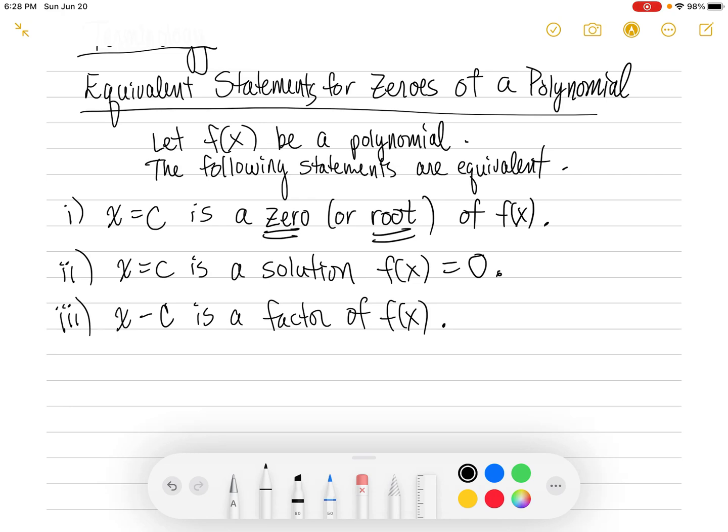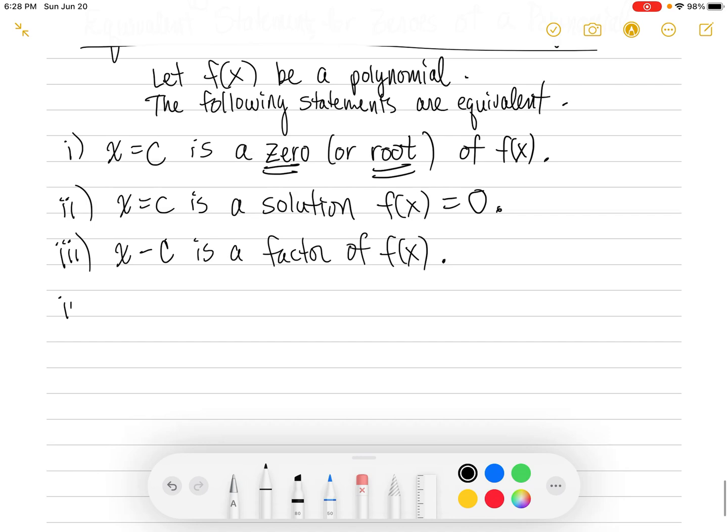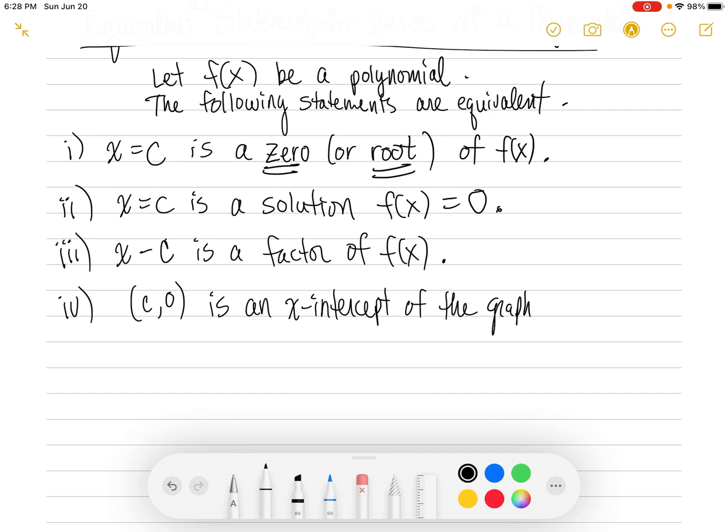So if x equals c is a solution to f of x equals 0, then x minus c is a factor of the polynomial function. Or another way to say this is c comma 0, that point, is an x-intercept of the graph of f of x.